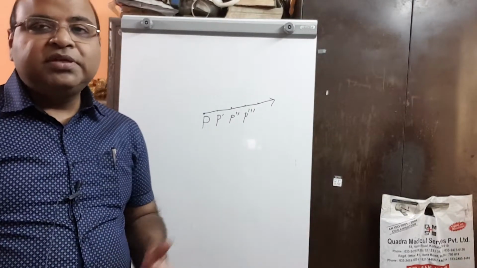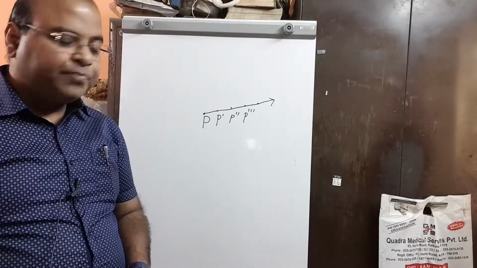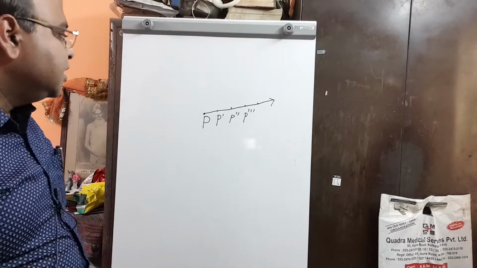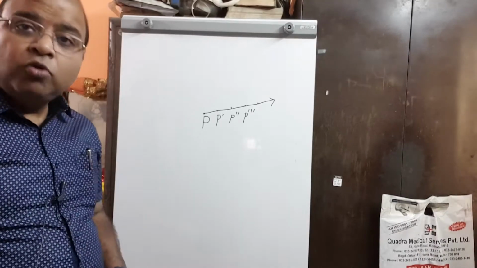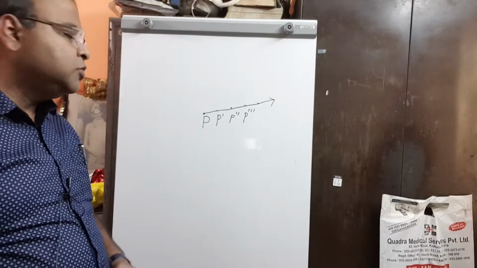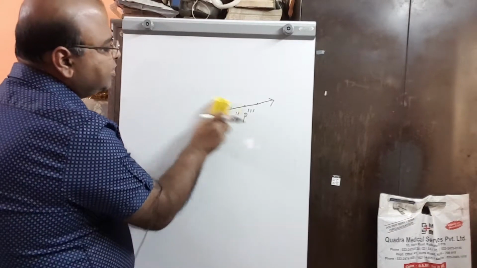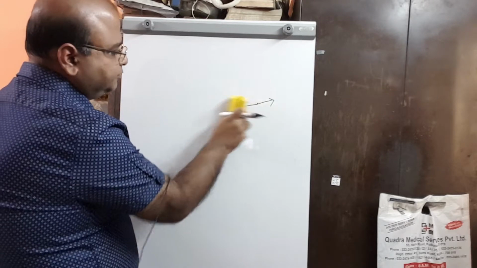Let me discuss those concepts one by one. The very first concept is the idea of the slope of a line, which we also call the gradient of a straight line. So what do we mean by slope or gradient of a line?